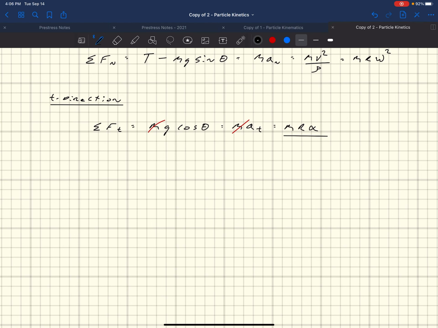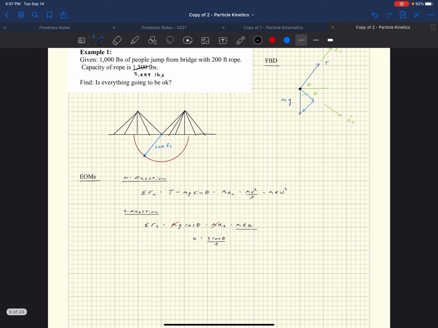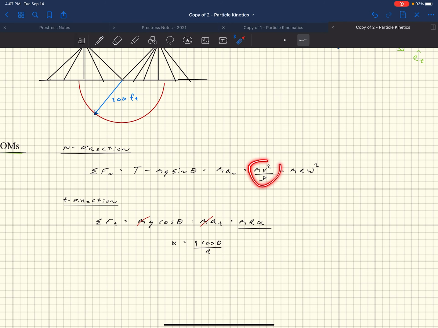We need our acceleration equation. So alpha is equal to g times cosine theta divided by r. I should mention that these types of problems, where you talk about the velocity up at the top and you're trying to find the velocity down at the bottom, once I know the velocity down at the bottom, v squared, I put in that v and I know all this stuff, I can solve for my t.